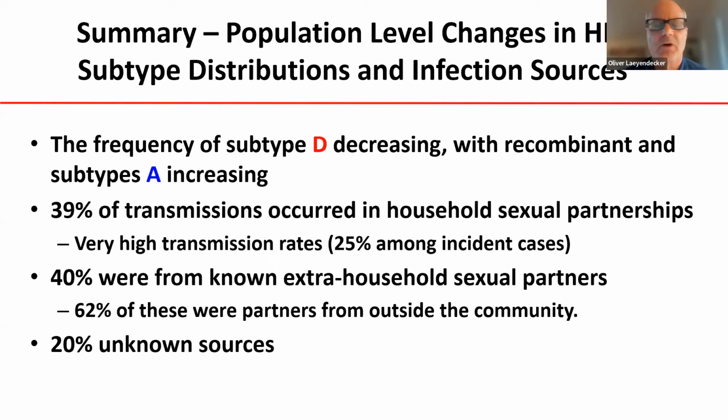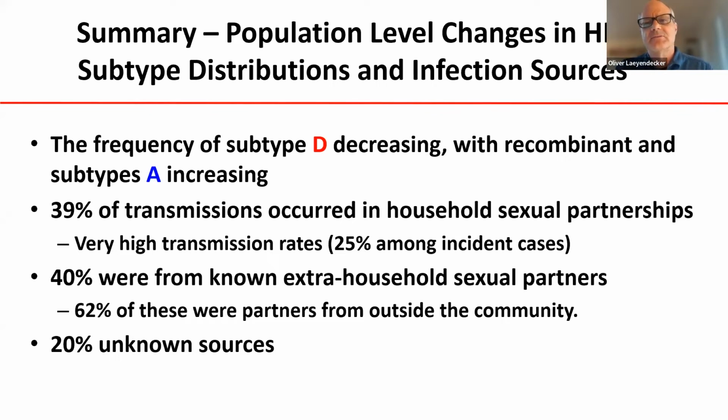And if you're going beyond the house, you're really not going to get that big of an impact beyond the couples, because so many of your new infections are not coming from within that community.